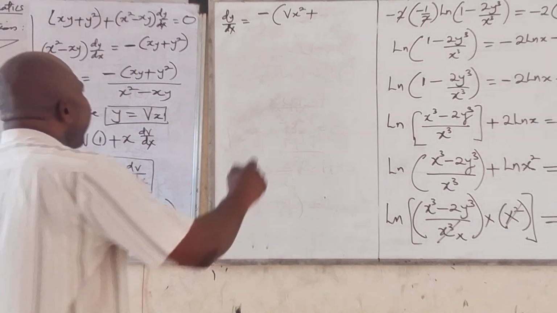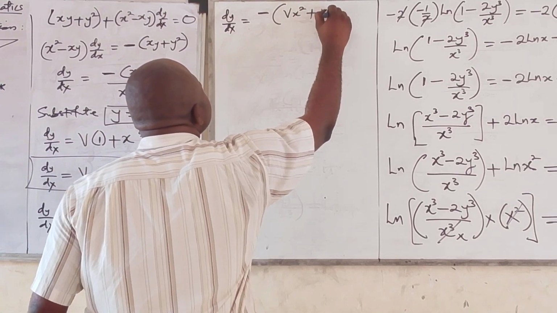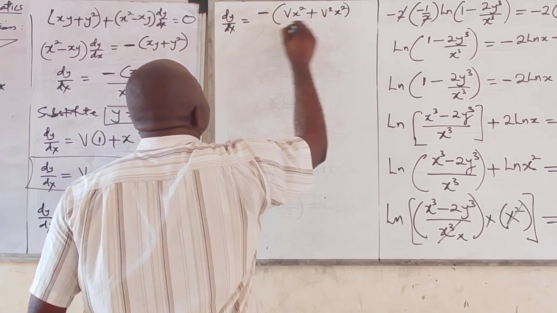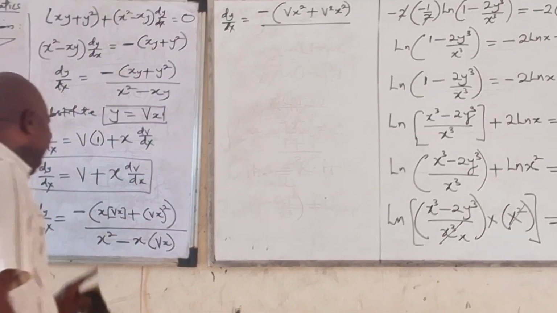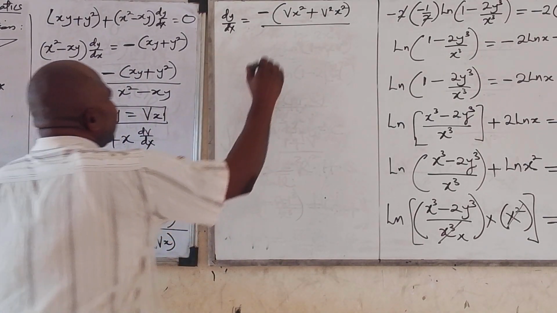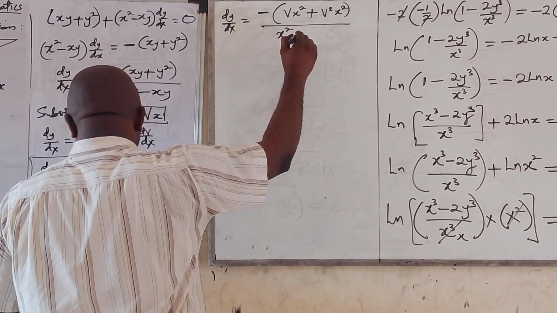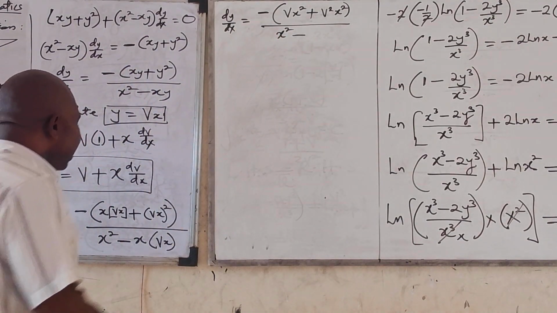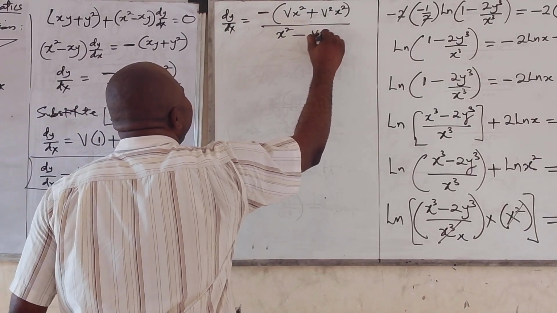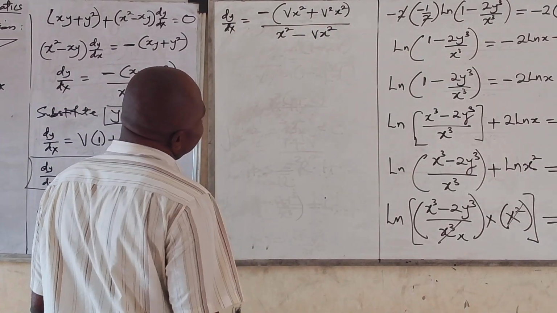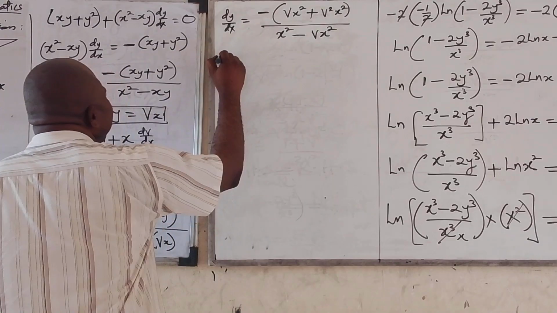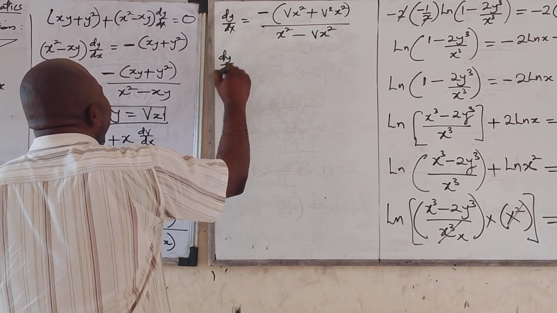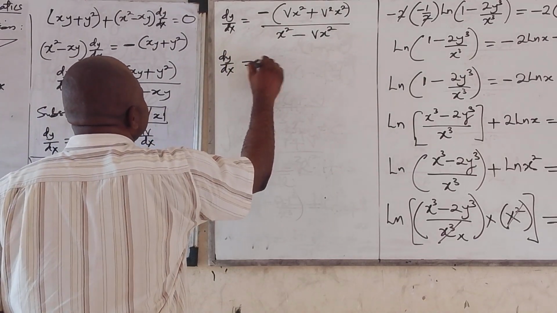That will give us v squared x squared. Now all over, here we have x squared minus x times vx. That will give us vx squared. So it means the dy/dx will be equal to, we have minus.